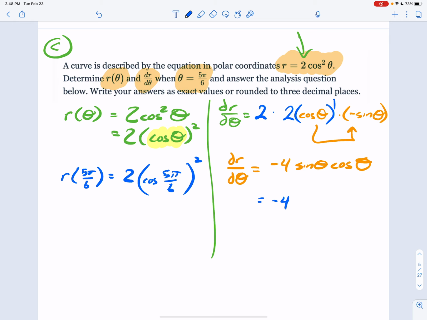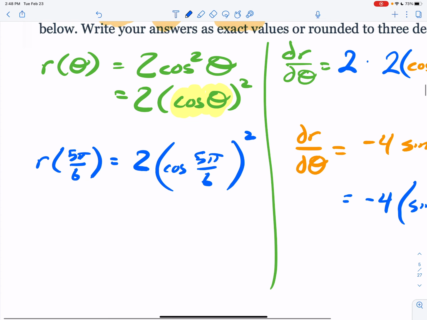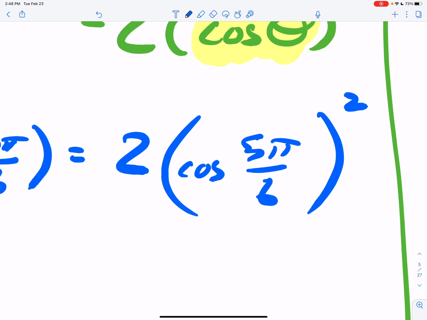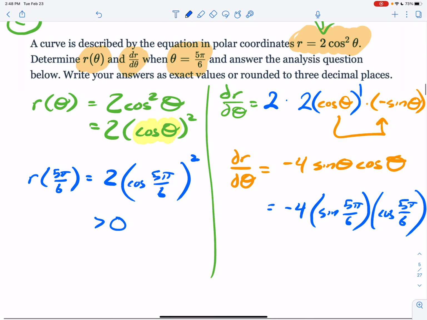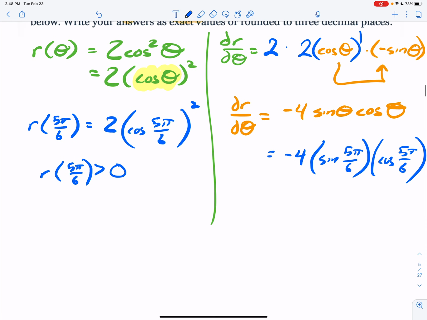Over here, this is -4 times sine of 5 pi over 6 times the cosine of 5 pi over 6. All right. Just by looking at this alone, I can tell that this will come out positive because when you square any value, you get something positive, and times a 2 gets you something even more positive. So that's one way you could analyze it to skip some of the work, but it depends on where you are with trig.